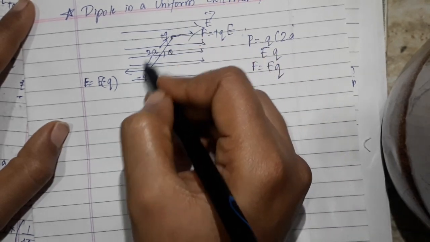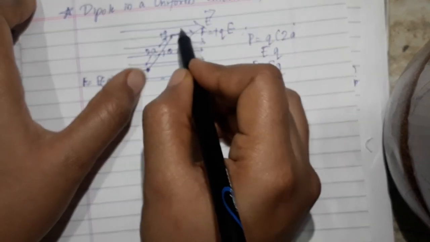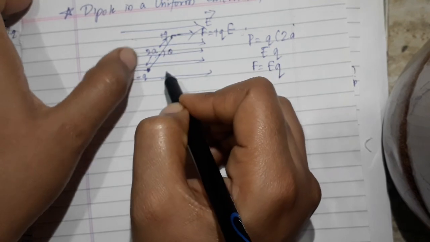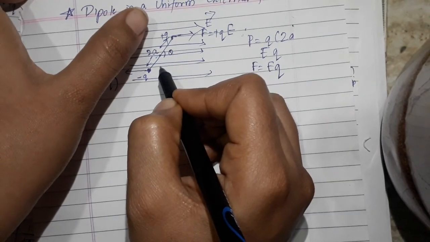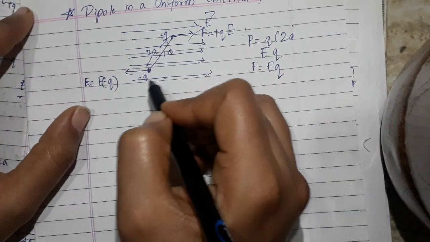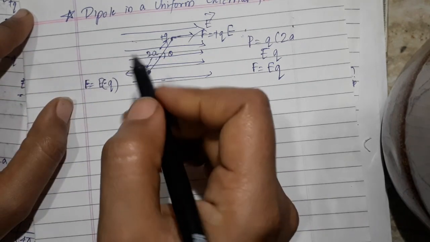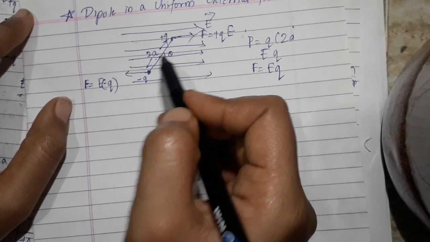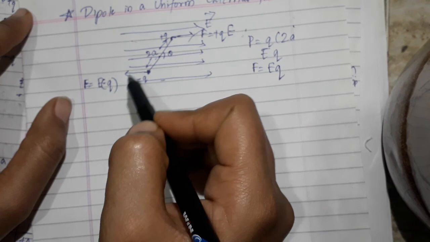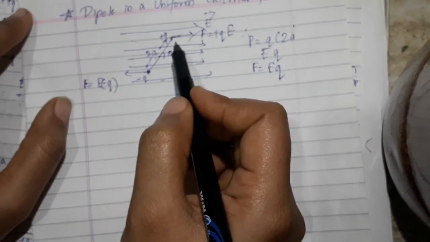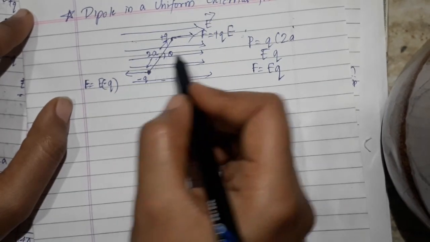These two forces together constitute a couple, and the moment of this couple is known as a torque. When an electric dipole is kept in a uniform electric field, these two forces constitute a couple.